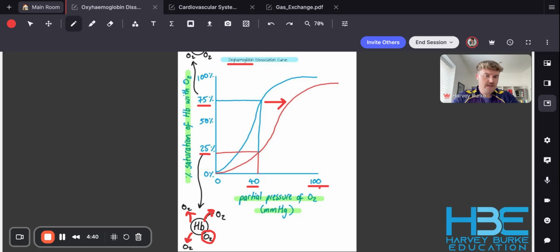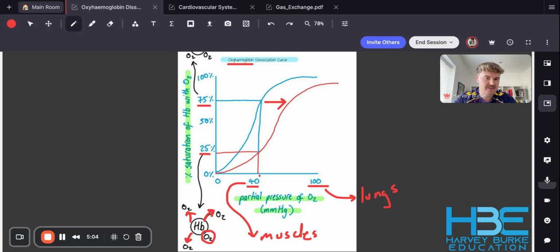So in the body, there's always going to be a really high partial pressure of oxygen in the lungs. So we'll associate that part of the graph with the lungs. And then in the body, there's always going to be a low partial pressure of oxygen at the muscles, because the muscles are constantly using that oxygen up in aerobic respiration.